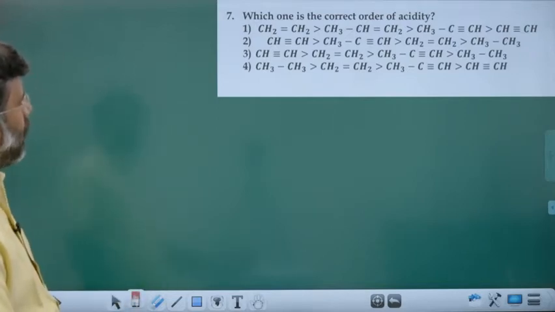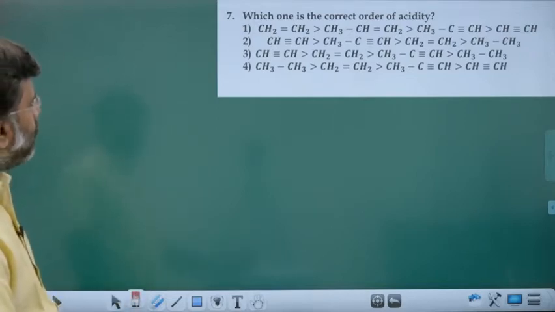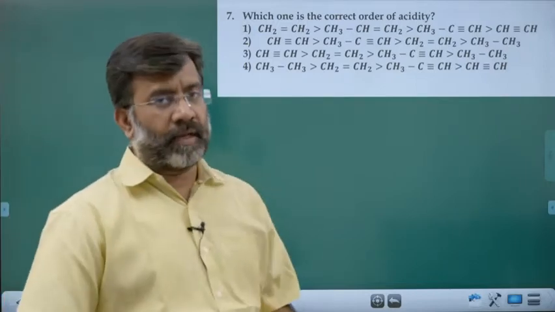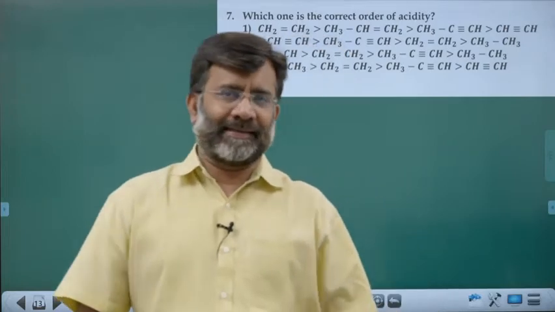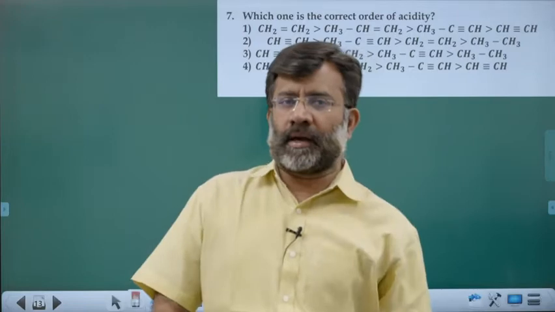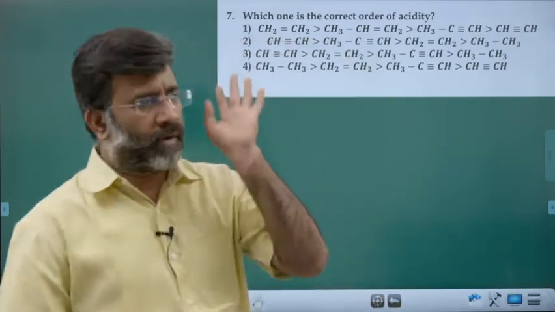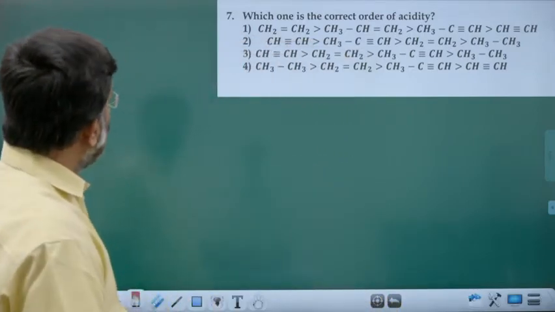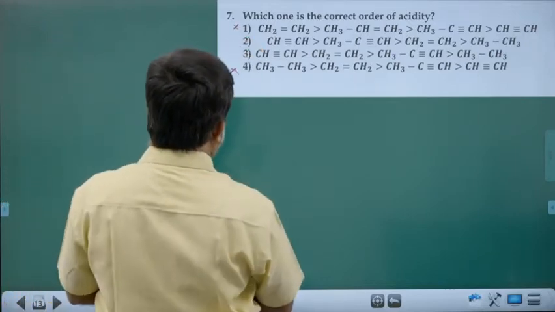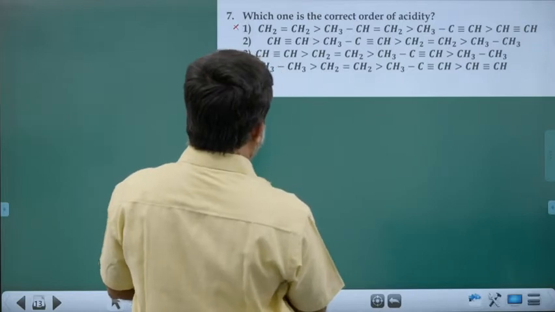Which one is the correct order of acidity? Acidity is comparatively more in alkynes. The hydrogen on the triple-bonded carbon, the sp carbon, is relatively more acidic. So we are ruling out the first choice and the fourth choice. It can be second or third.